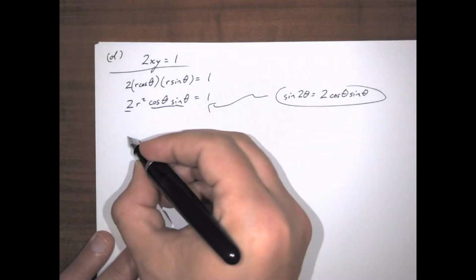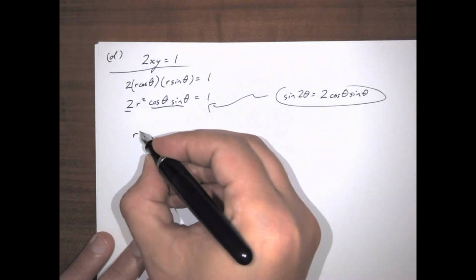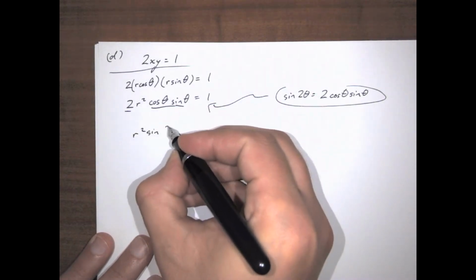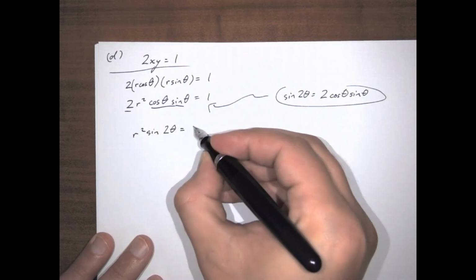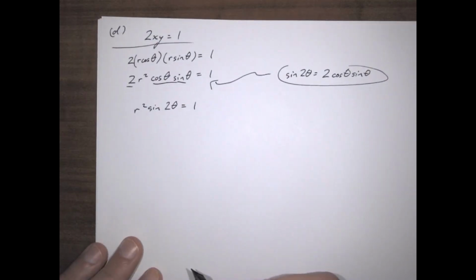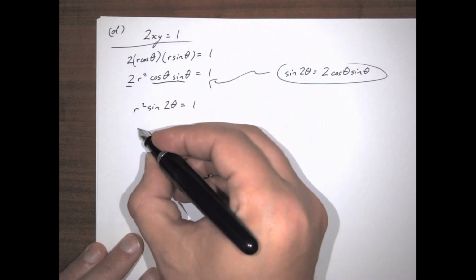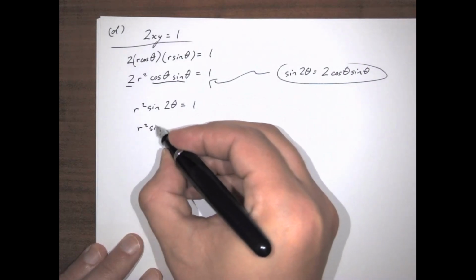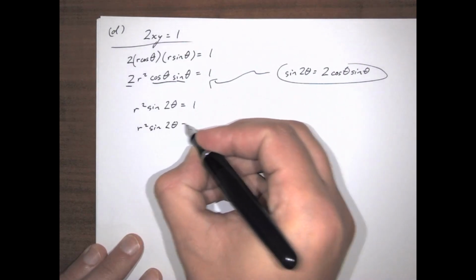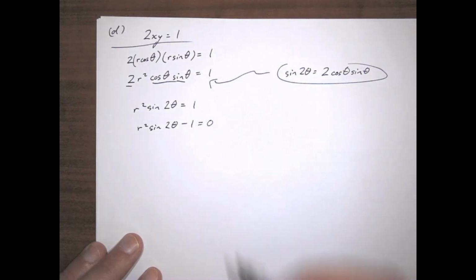So then that means this is just equal to r squared sine 2 theta, and that equals 1. And then maybe I just move everything to one side. R squared sine 2 theta minus 1 equals 0.